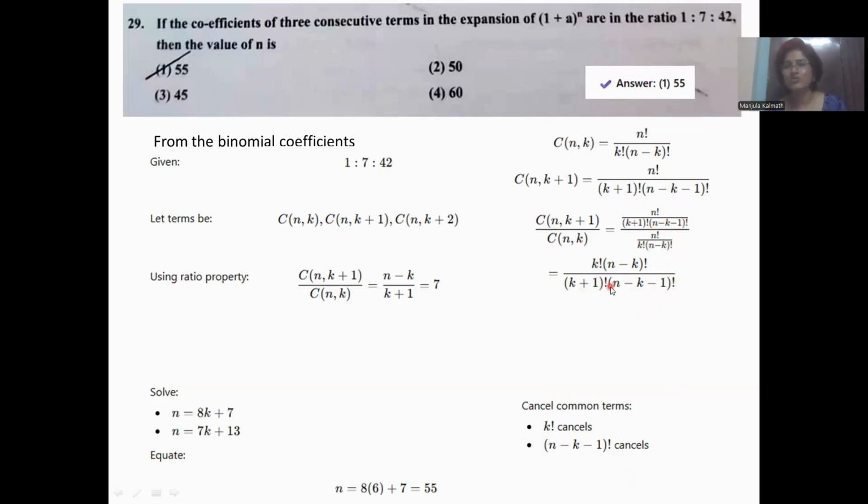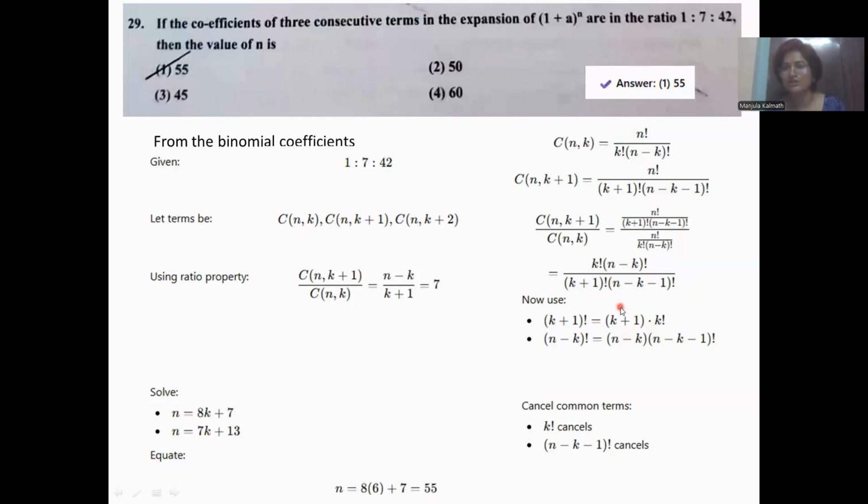Next, here we have k factorial and n minus k factorial. We can write k plus 1 factorial as k plus 1 into k factorial.